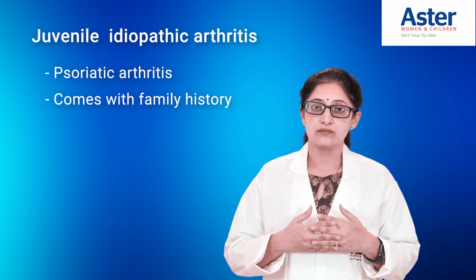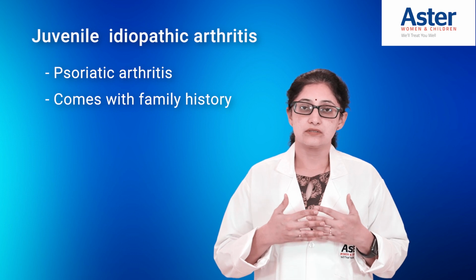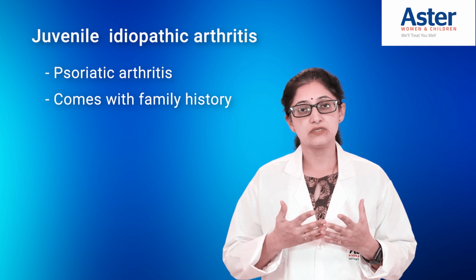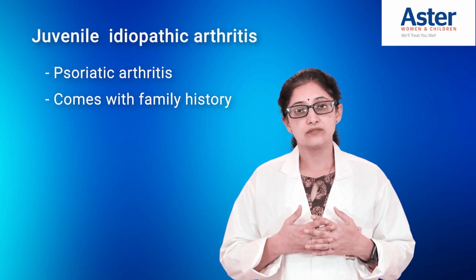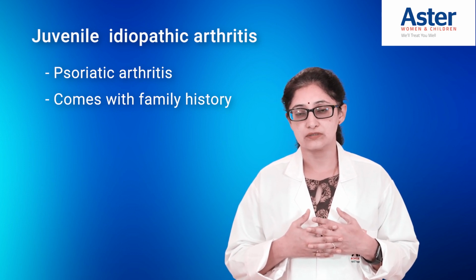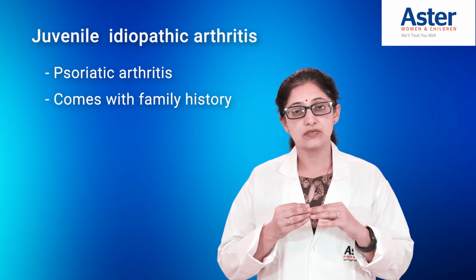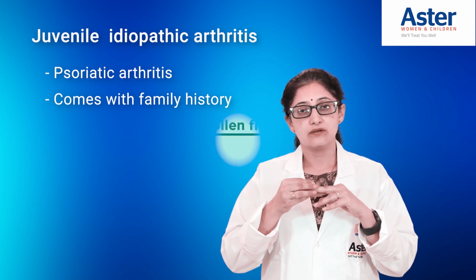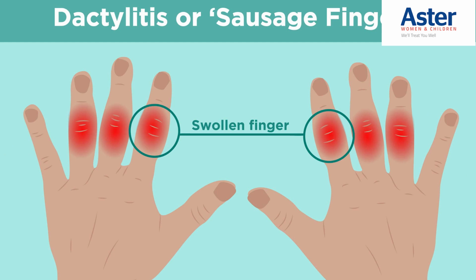In children, the arthritis may begin first, and the symptoms and signs of psoriasis may be seen many years later. Hence, it is important to elicit a family history of psoriasis. Typically, children with psoriatic arthritis develop swelling of the fingers, the digits, what is called dactylitis.